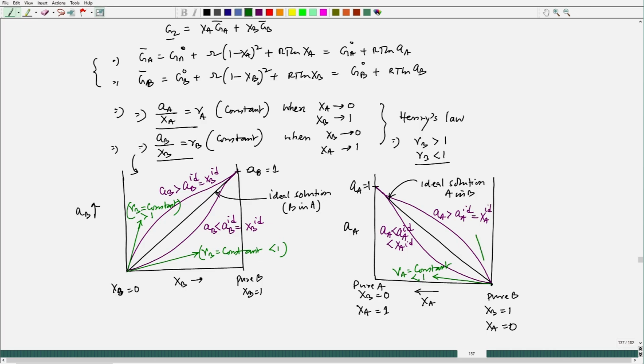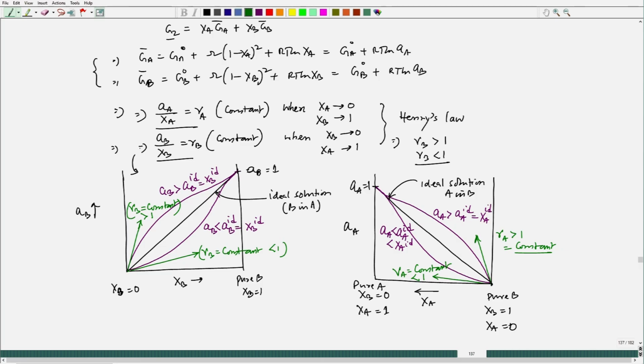A tangent over this activity plot, when gamma A is greater than 1, and that time it is also a constant. Okay, fine, which is the slope of that straight line in both the cases. So, like that we can explain why gamma becomes a constant in a very dilute solution.